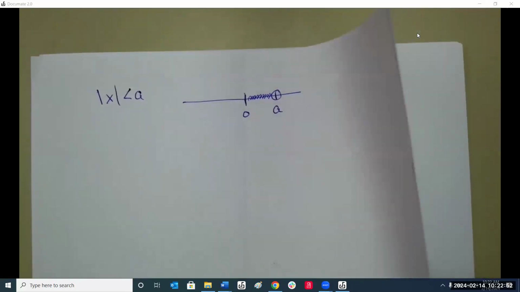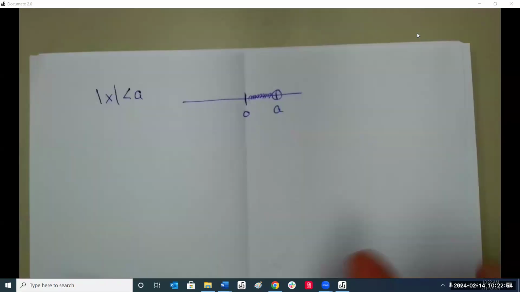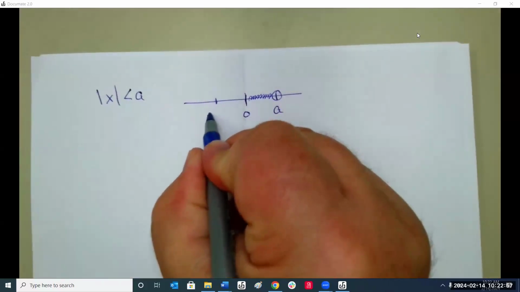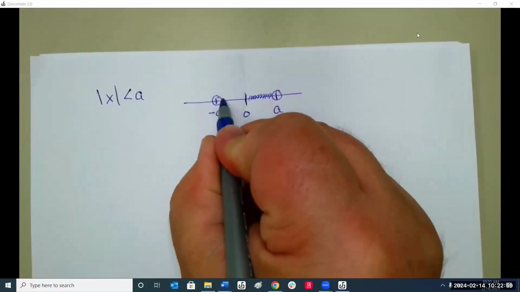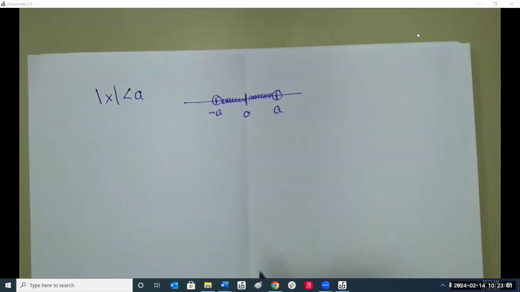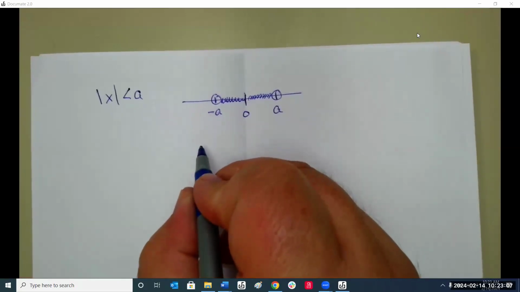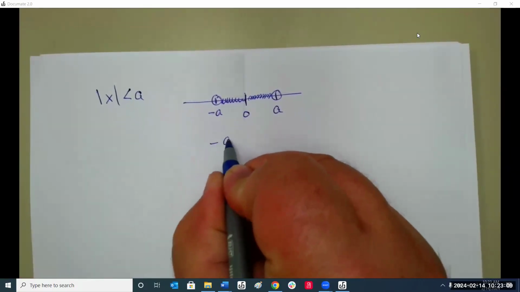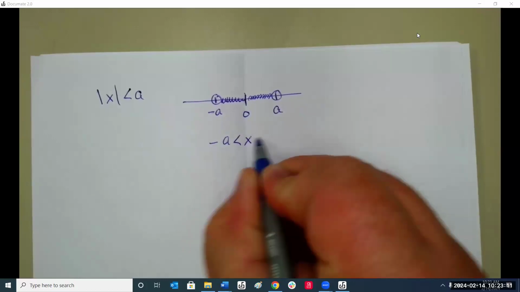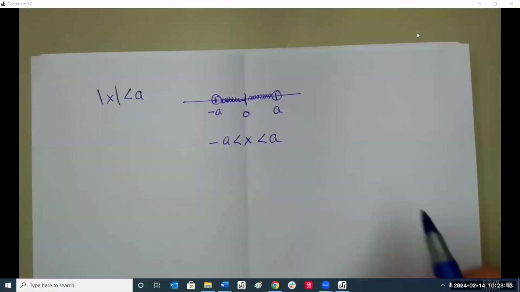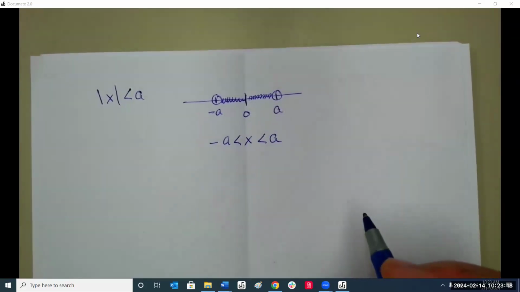If I fold it over, here's negative a, and it goes inside. So negative a is less than x is less than a. That's what that says.